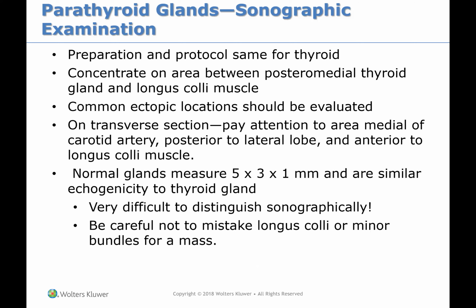The normal glands measure, like we said, very small, 5 by 3 by 1 millimeters, and have similar echogenicity to the thyroid gland, and they're very difficult to distinguish sonographically. Sometimes the longus colli or a minor muscle can be mistaken for a mass. So you want to make sure that you know what your muscles look like so you don't accidentally call a muscle a mass.